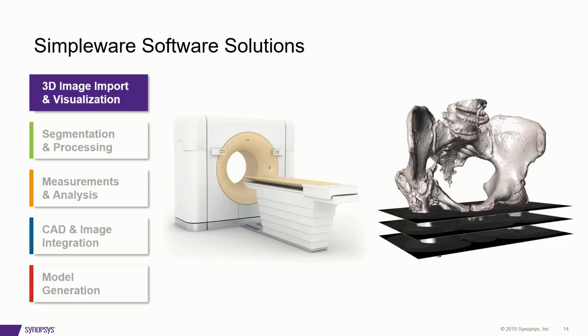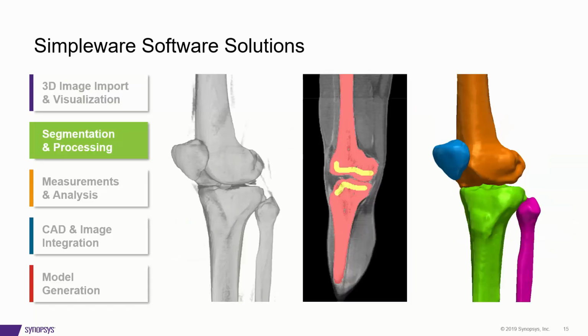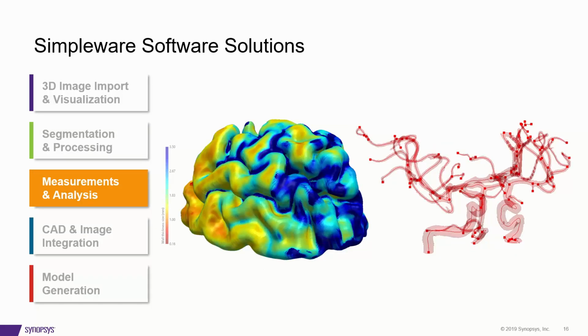We would start by importing the data that we've obtained from a scanning technique, whether it's CT or MRI. We can then go through the segmentation process. Here we have a variety of manual processes, all the way through to very automated machine learning based segmentation routines, through to measurement and analysis.